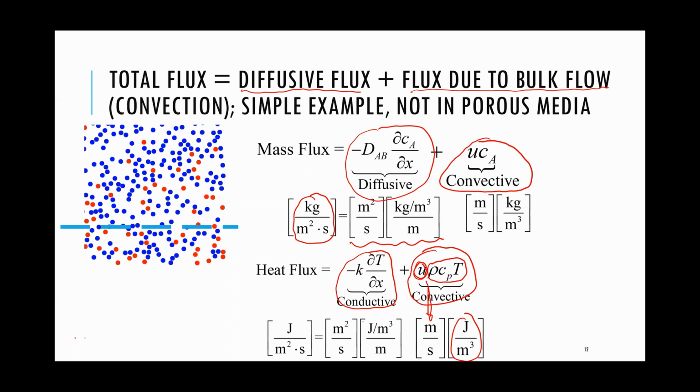Now this one doesn't follow exactly, but if we rewrite the equation this way, minus k over rho cp times del x of rho cp T, then the units for this would be meter square per second, and units for this is joules per meter cube, and unit for this is meter. So they're exactly analogous. And now we're going to just extend these for the porous media.